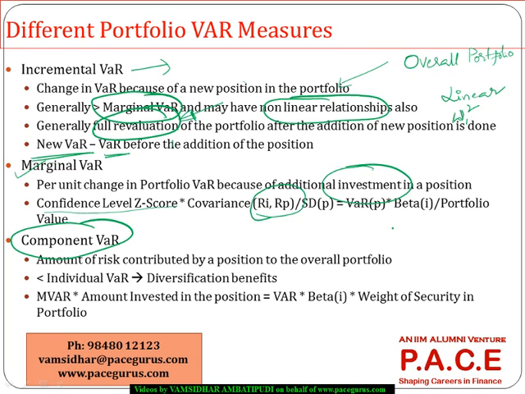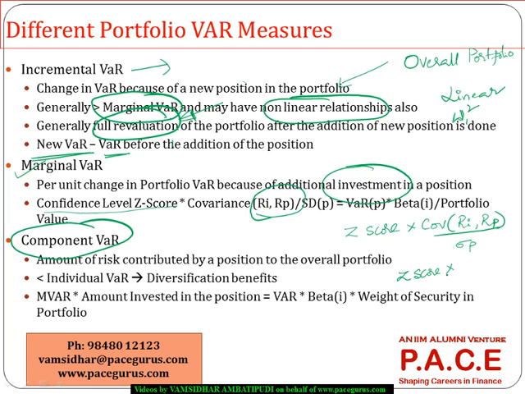And one more thing is, I could have taken the beta. See, even for the marginal VAR we are talking about this formula, right? The Z score multiplied by the covariance between the returns of the security and the return on the portfolio, divided by the standard deviation of the portfolio. To some extent, you assume the portfolio to be the market. So what is this formula?